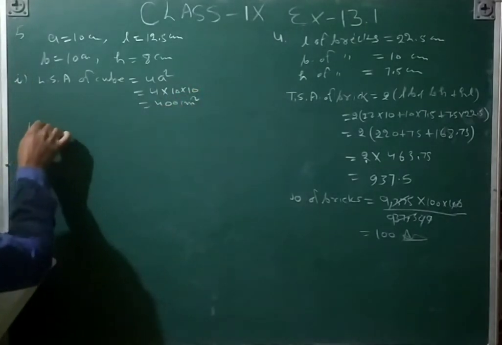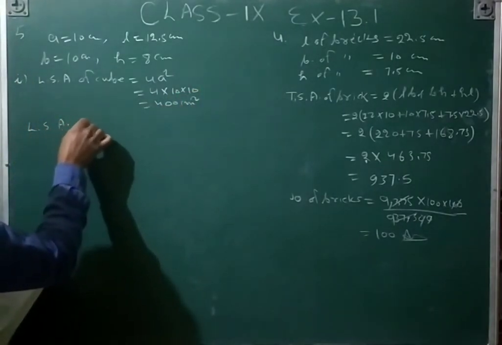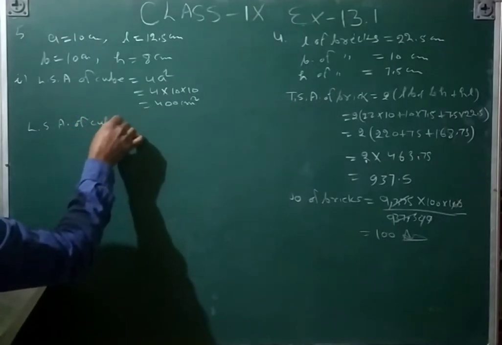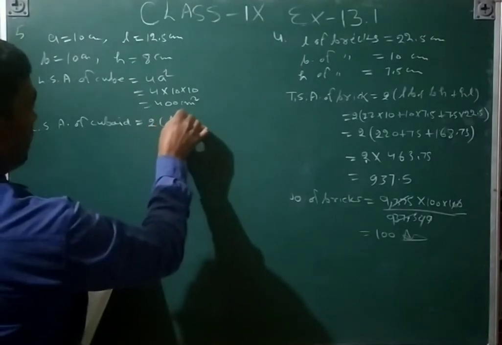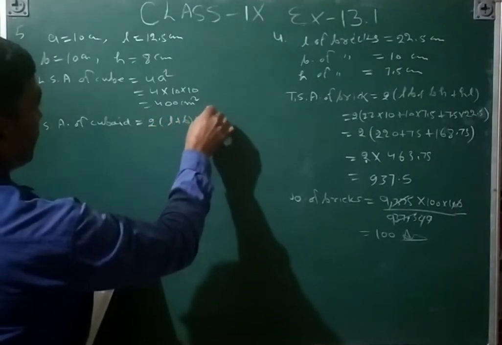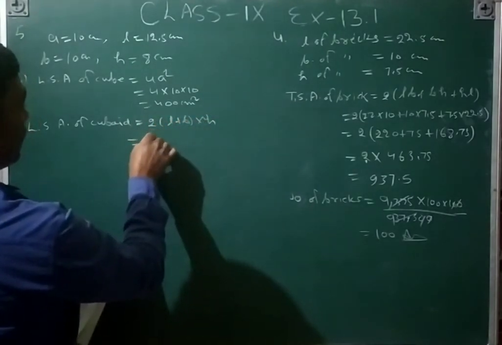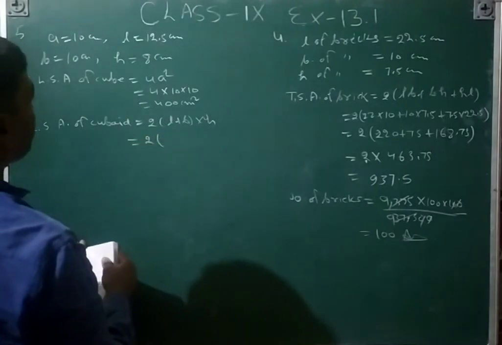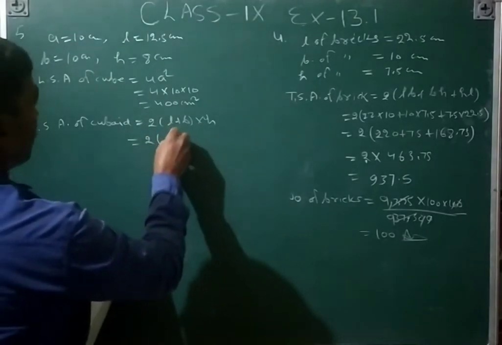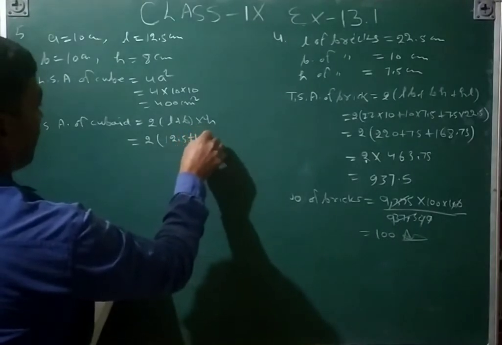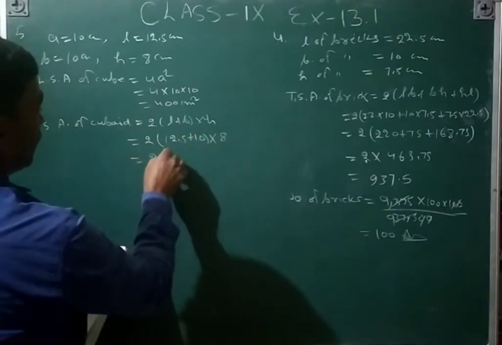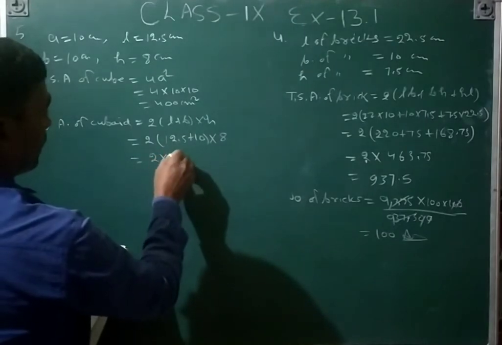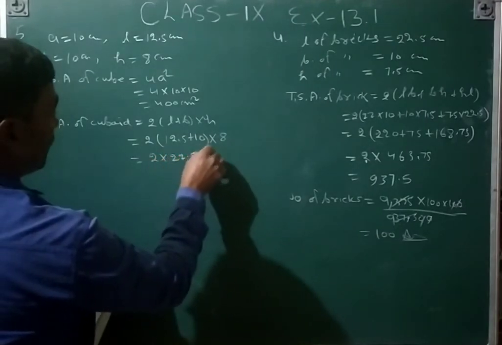And lateral surface area of cuboid is equal to 2 bracket L plus B into H. So that is 2 into L plus B, that is 12.5 plus 10, into H is 8. So that is 2 into 22.5 into 8.